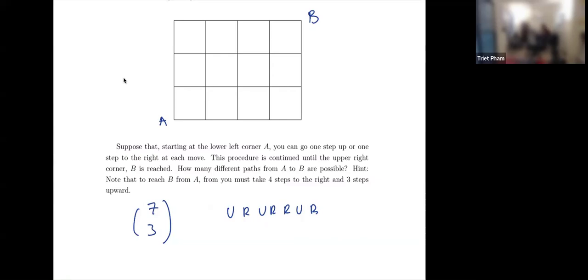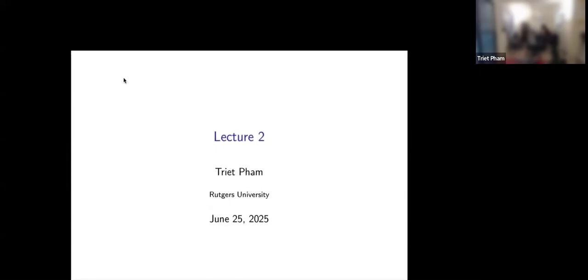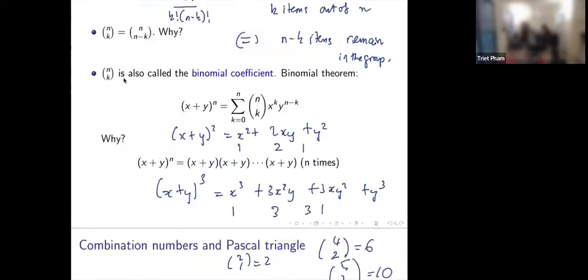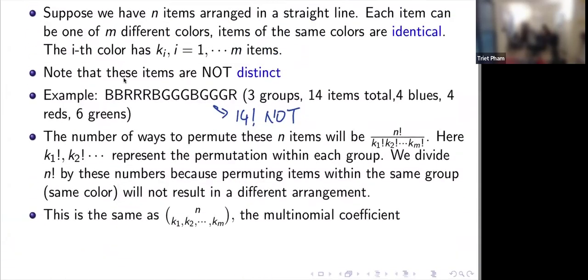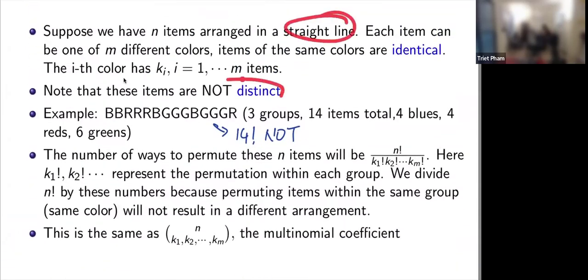So in general, the principle is, if you want to arrange items in a line, but the items are not distinct, they form some kind of groups, then their permutation boils down to the positions of the identical items.